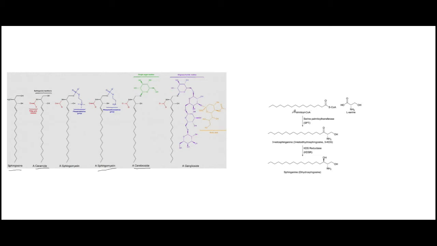So this is Palmitoyl CoA. I'm not going to go too deep into this, but this is just if we have our carboxylic acid, and then we just add something called acetyl CoA.